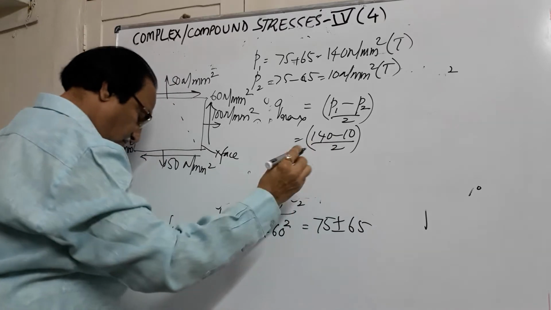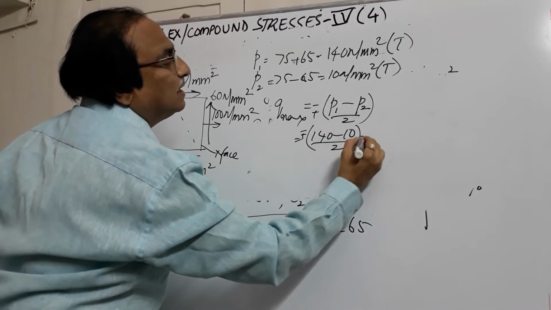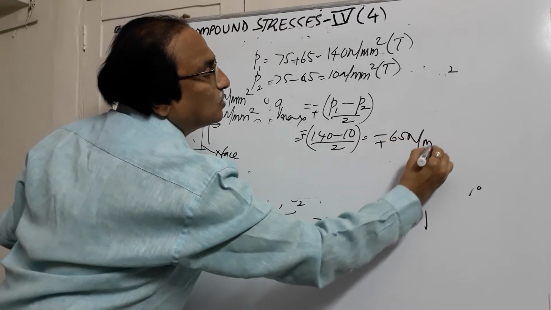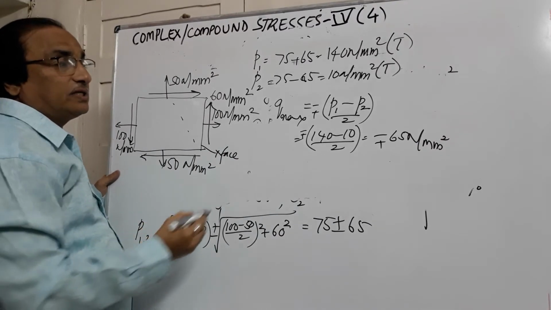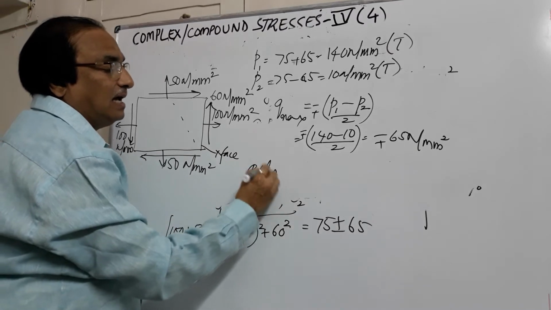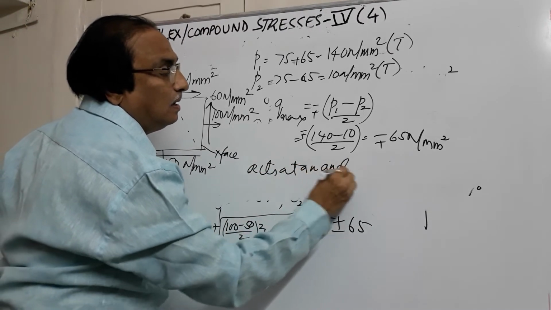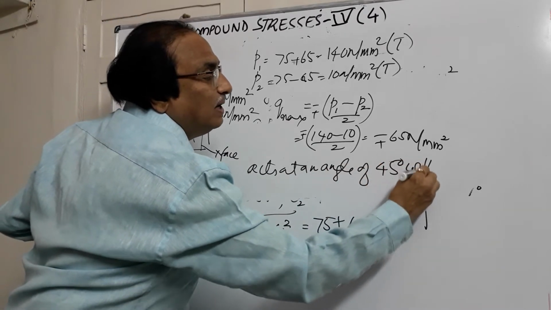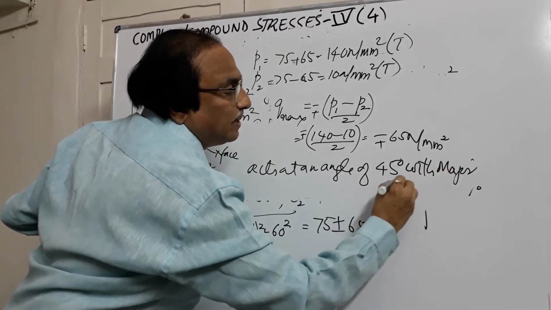So this will be equal to minus or plus 65 Newton per mm square. We get the plane of maximum shear stress, and this maximum shear stress always acts at an angle of 45 degrees with the major principal plane.